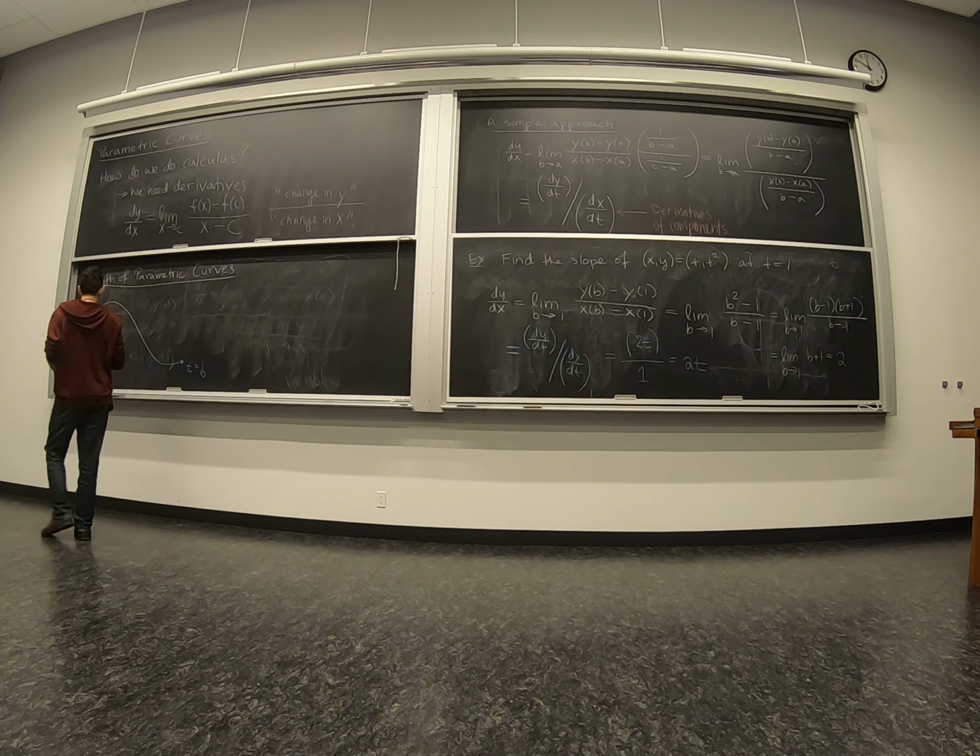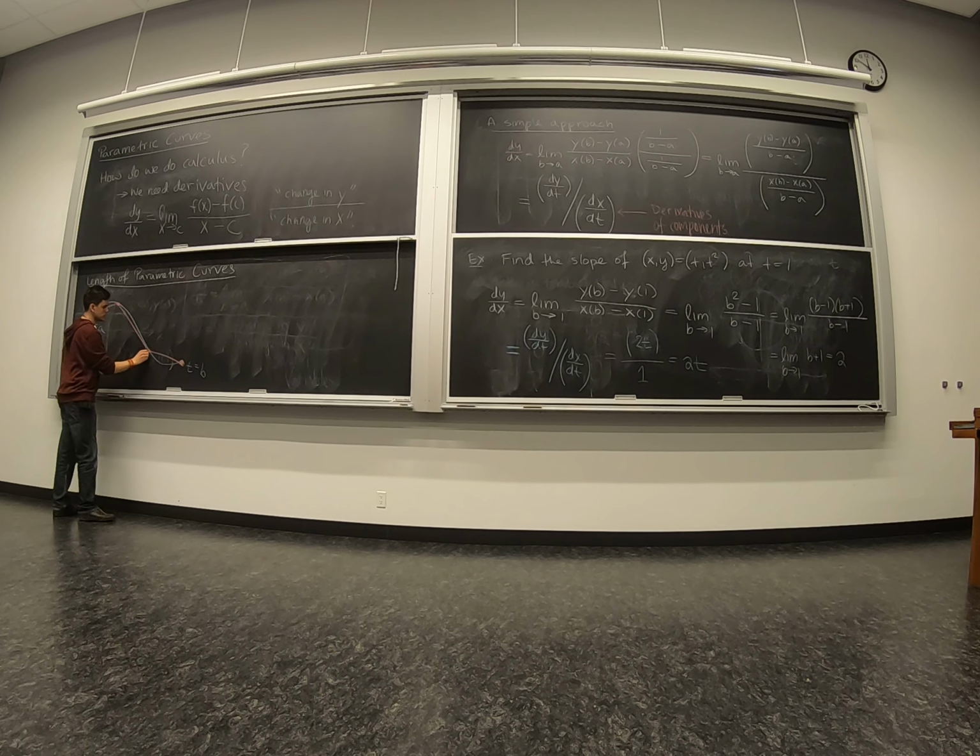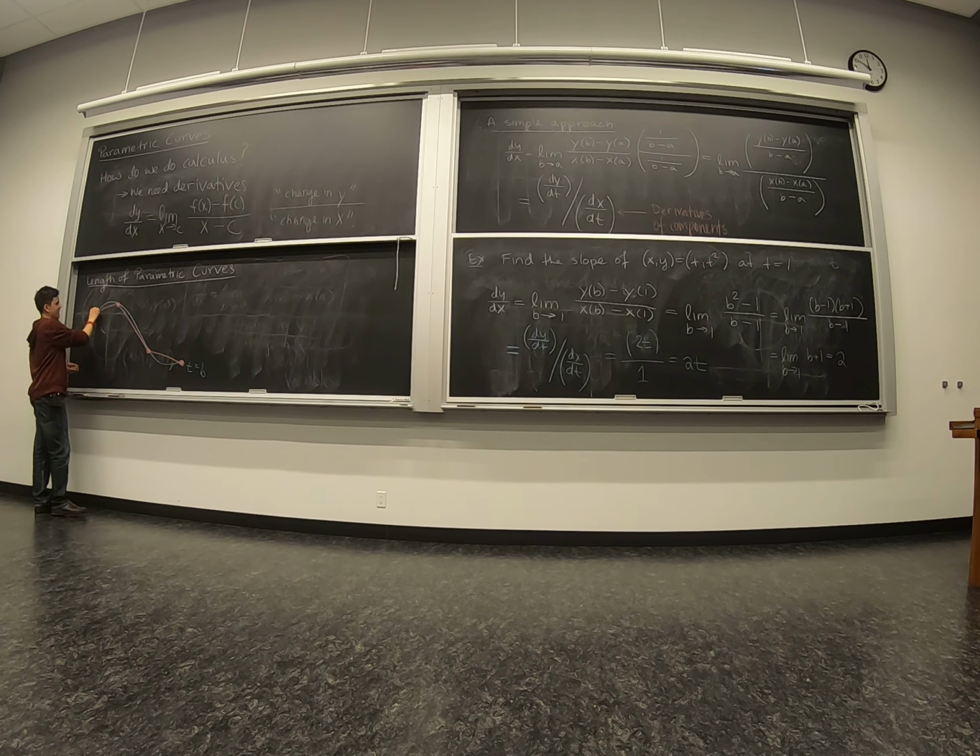So in calculus, the big idea is that we can approximate things, and when we get finer and finer approximations, we'll converge to the real value of the thing. Okay, so our first approximation will be to add some points to our curve. Maybe we'll call these T1, T2, T3, T4.